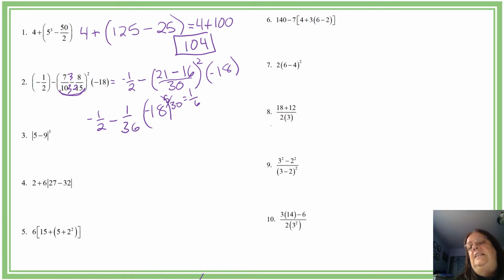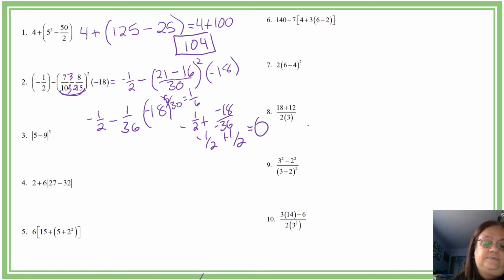All right, 36 is 2 times 18, so I have minus 1/2, but it's a minus, so it's plus a negative 18 over a negative 36, and this is 1/2. But it's positive 1/2, so now I have negative 1/2 plus 1/2, which is 0, not a 6. Told you my zeros sometimes look like 6s. There we go.